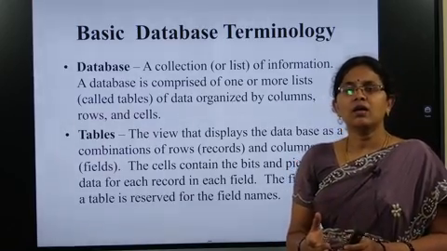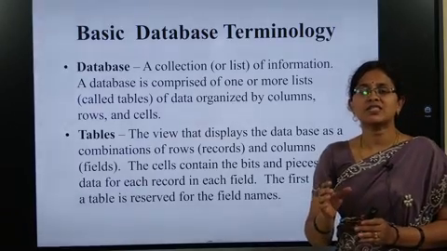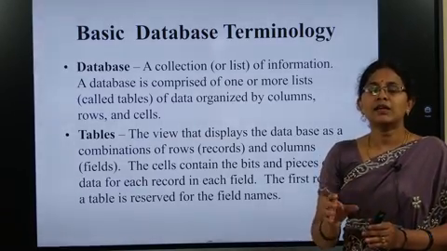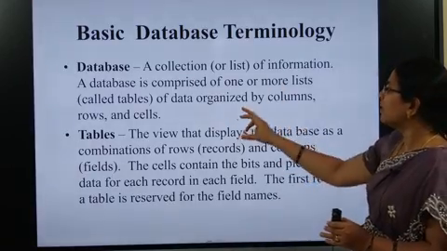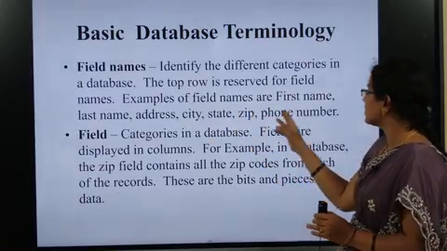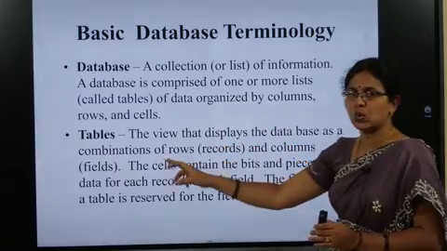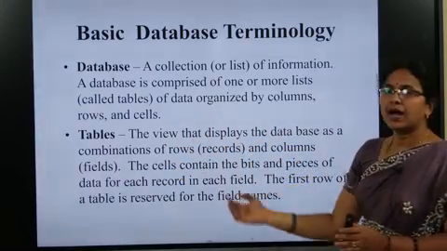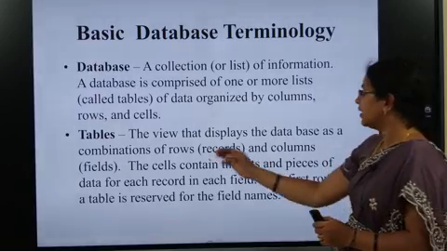Many things are combined in information. If you are dealing with such information, we collect it as a database, and these tables are again organized as columns, rows and cells.